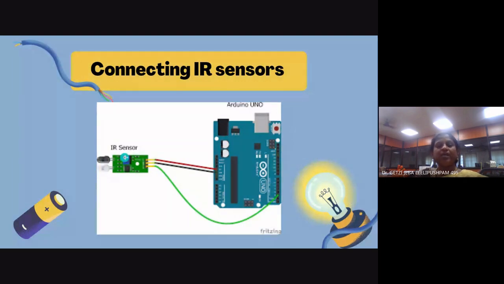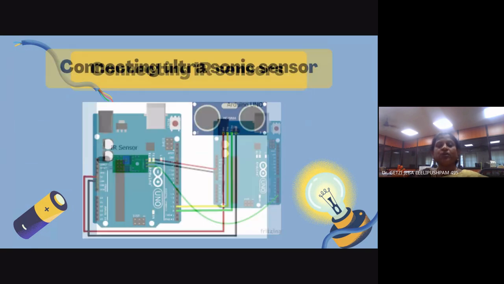One LED is always on, which shows that it is emitting IR light. Whenever the receiver gets the IR signal coming back, the other LED will also glow, indicating the presence of an obstacle. So this is how you connect an IR sensor.